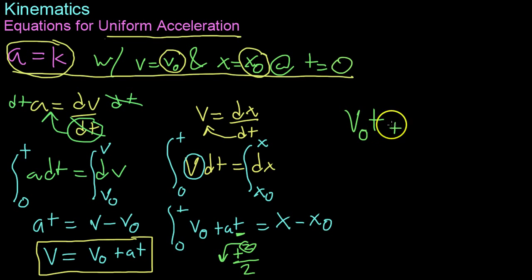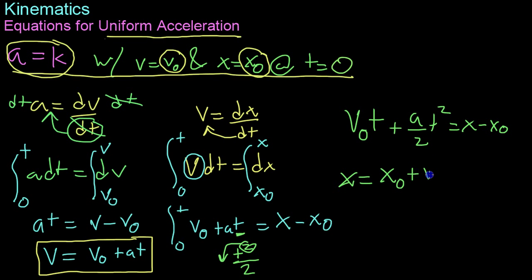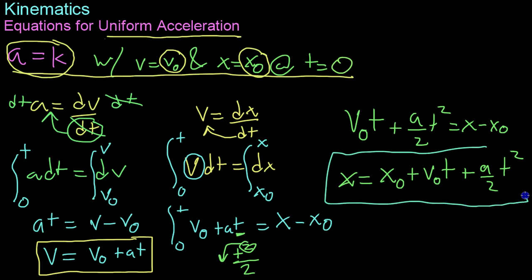So you get v0t plus a over 2 t squared equals x minus x0, or the position at any point in time given uniform acceleration is x equals x0 plus v0t plus a over 2 t squared. And both of these equations for x at any point in time and velocity at any point in time are key to describing a system with uniform acceleration.